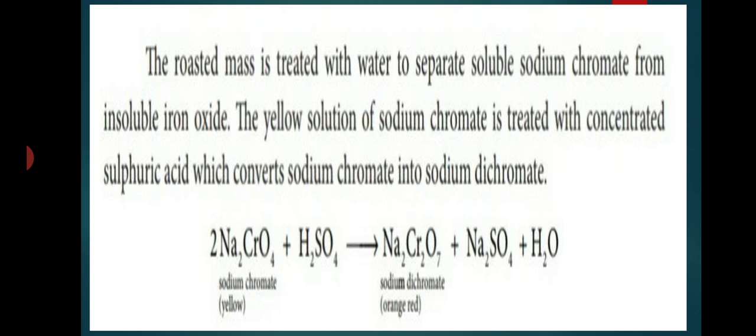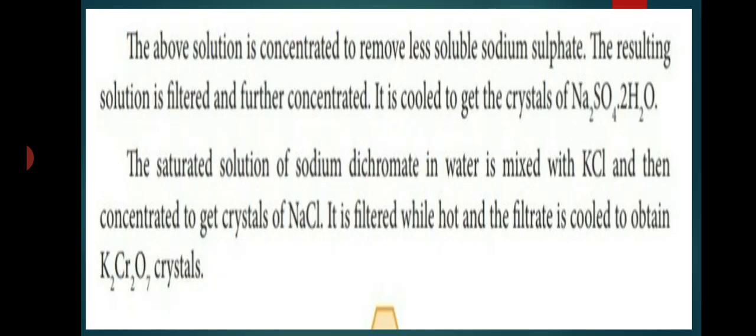Then the above solution is concentrated to remove less soluble sodium sulfate. The resulting solution is filtered and further concentrated. It is then cooled to get crystals of sodium sulfate, Na2SO4.2H2O.